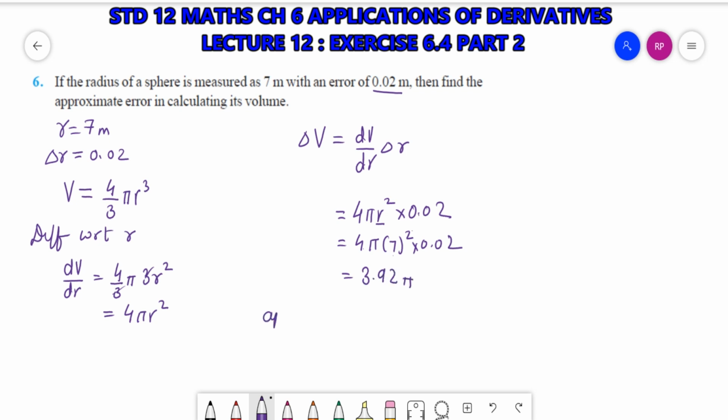So the approximate error in calculating volume will be equal to 3.92 pi meter cube. Okay, note down question number 6.